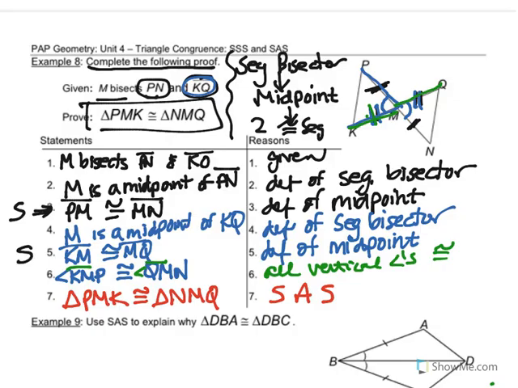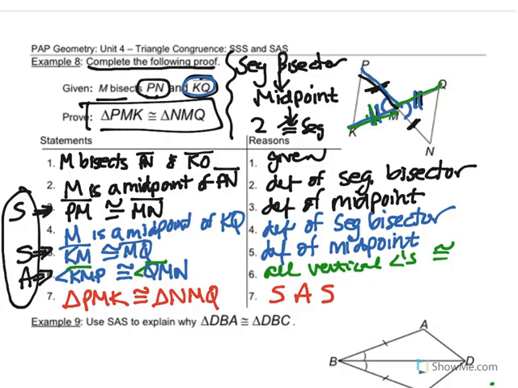There's a side, and we have angle KMP and angle QMN, so there's our angle. Now, even though these are written in the order side, side, angle, because you might think, uh-oh, we can't use that, but that's just the order we prove them.